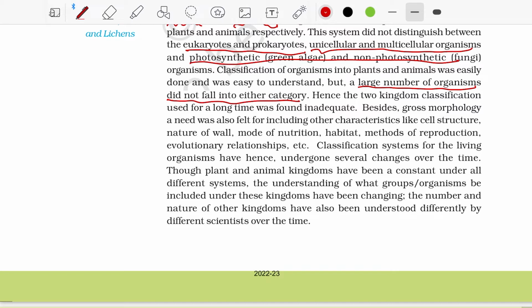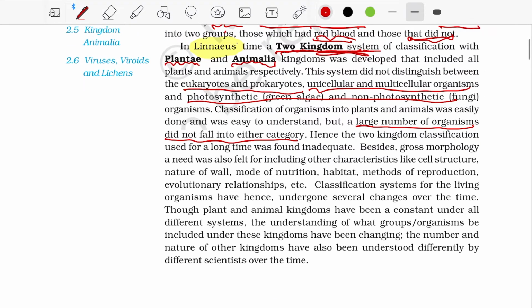For example, bacteria or paramecium: is it an animal or a plant? This was a very big question that confused most of the scientists during that period. Hence the two-kingdom classification, used for a very long time, was inadequate for the classification of organisms.